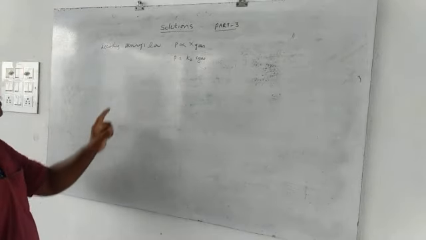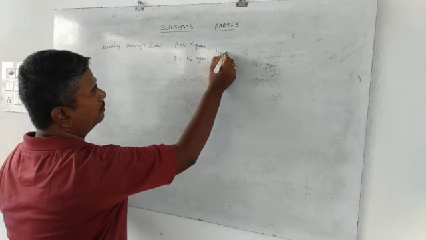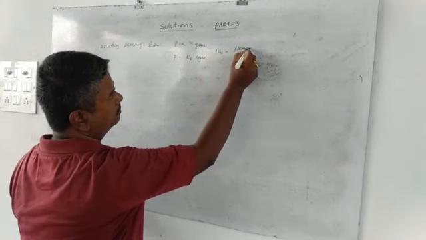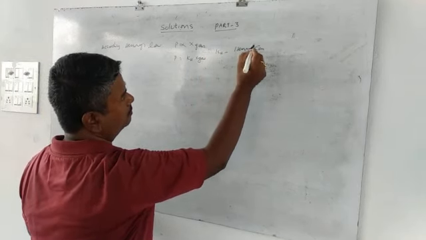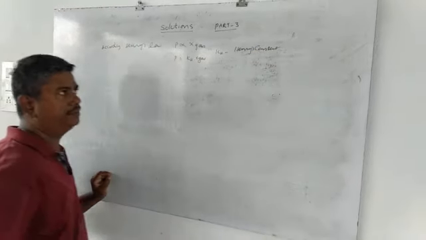So observe here, KH is called Henry's constant.